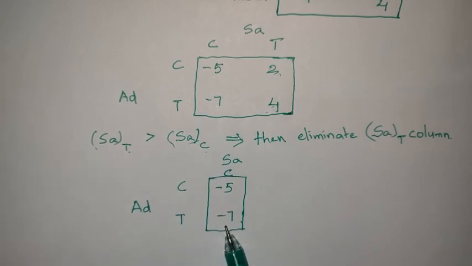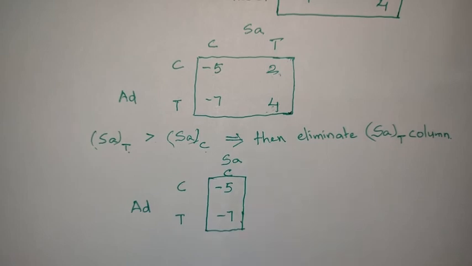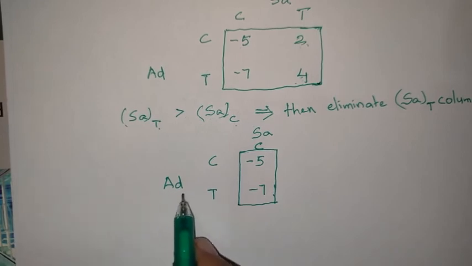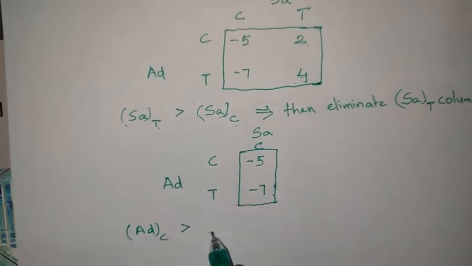So here the lower value is going to be eliminated, but in columns the higher value is eliminated. Now write that statement. That means Aditi's car value is greater than Aditi's two-wheeler value.